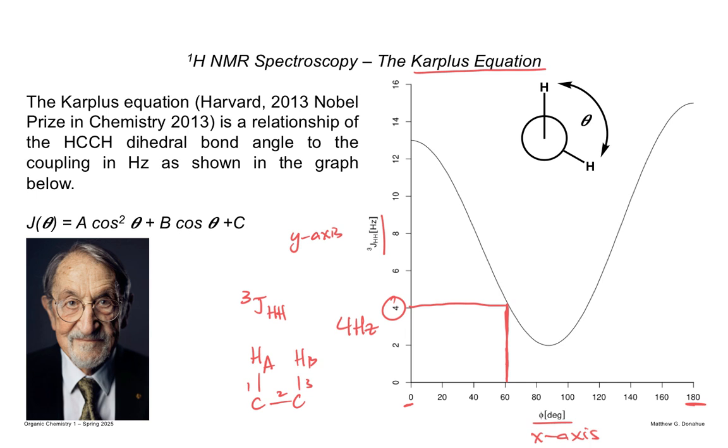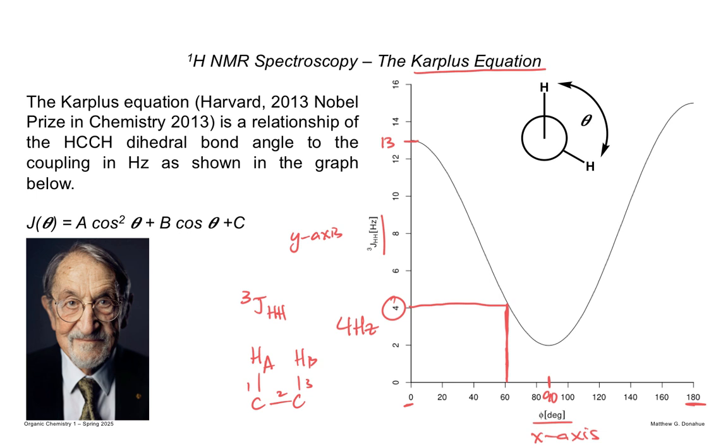The other thing you'll notice when you're starting at a dihedral angle of 0, the coupling is 13. As the angle increases to 90, that's when it gets to its lowest, about 1.5 to 2 hertz.